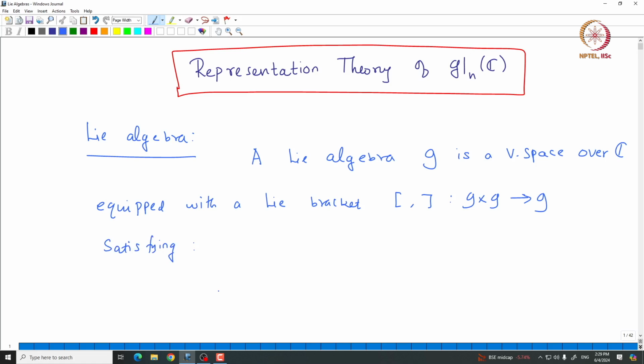So first of all, this map must be bilinear in each variable. So what this means, the Lie bracket is a C bilinear map.